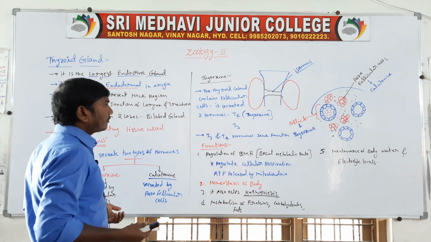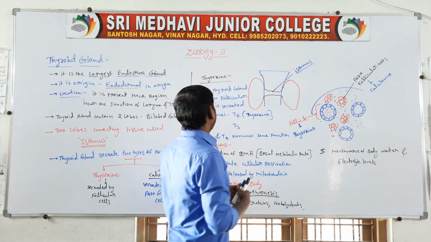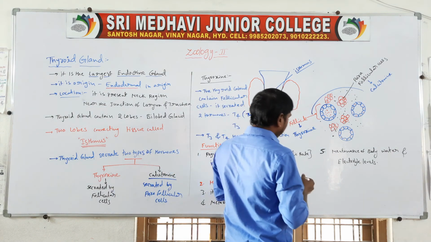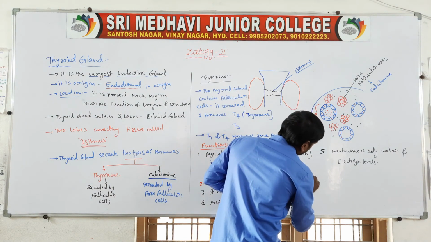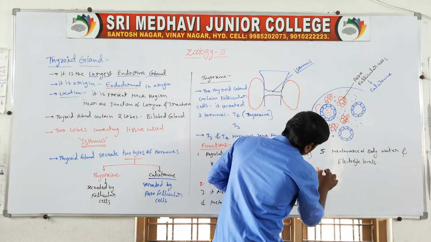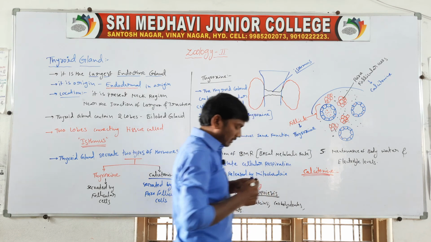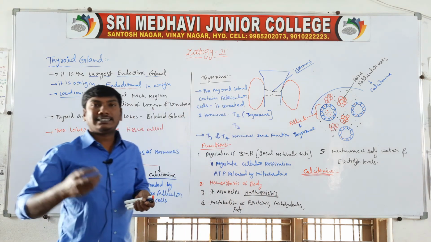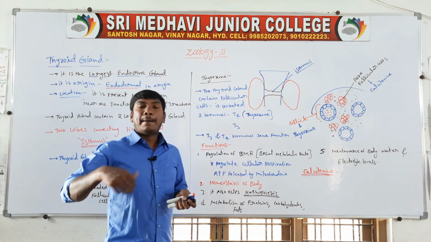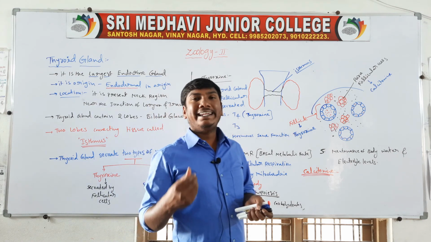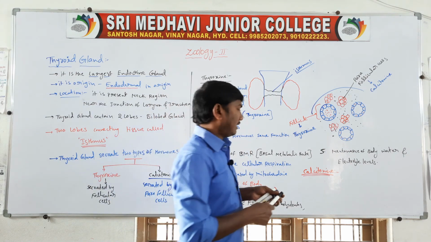Next, the second hormone, calcitonin. The main function of the calcitonin hormone is to maintain the body's calcium and phosphate levels.